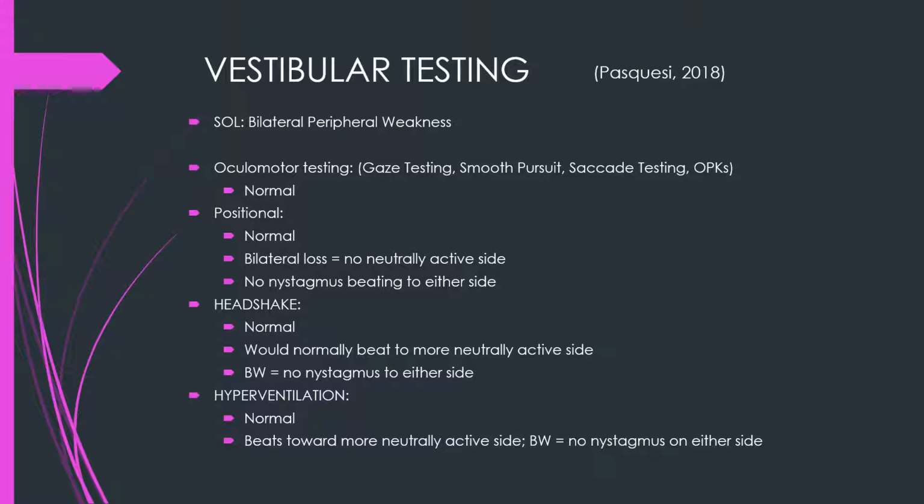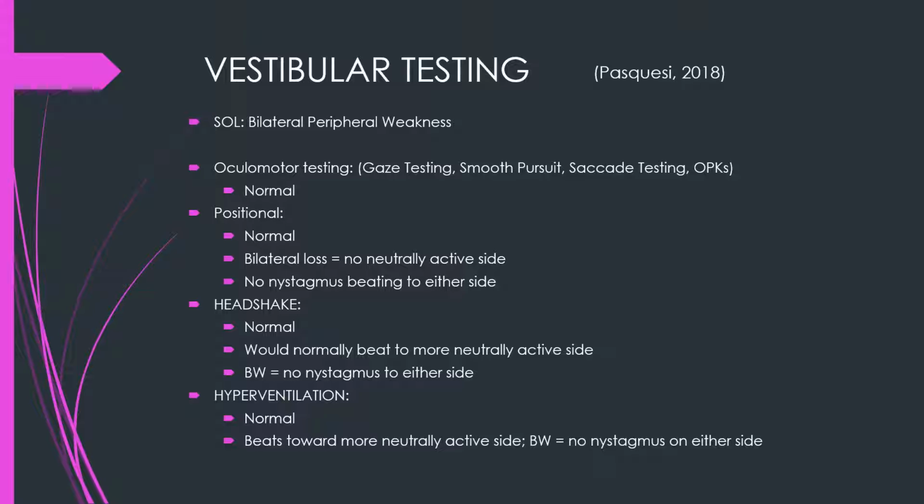When we are looking at vestibular testing, the site of lesion is bilateral peripheral weakness. Ocular motor testing would be normal, because most ocular motor testing looks at central lesions. Positionals would be normal.